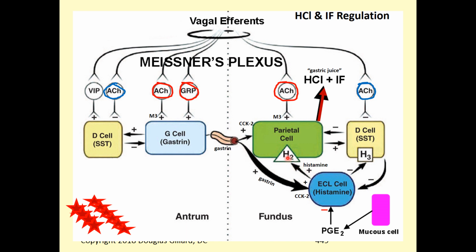Histamine is the most powerful trigger of hydrochloric acid and intrinsic factor. So gastrin flat out directly stimulates parietal cells, and it indirectly stimulates parietal cells by binding to ECL cells. ECLs release histamine. Histamine binds to its H2 receptors. It stimulates hydrochloric acid and intrinsic factor.